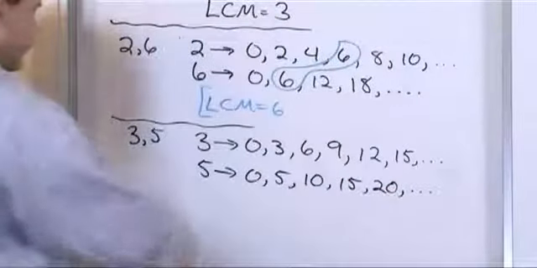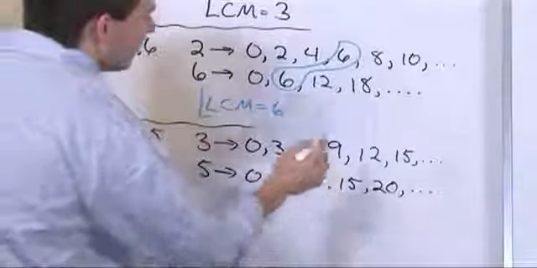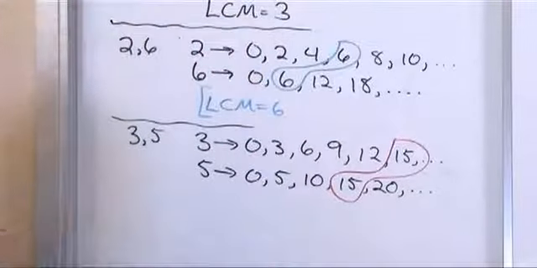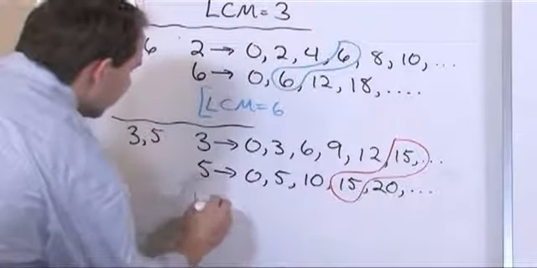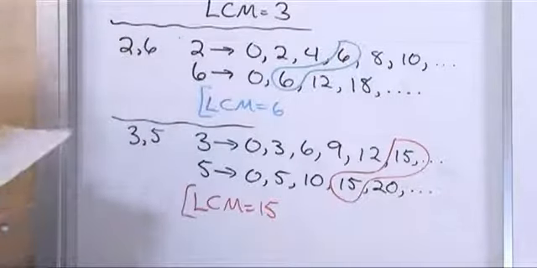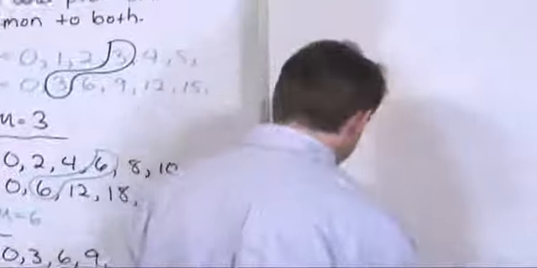And then you look and see what's the smallest number common to both. None of these early ones are common. The smallest one common is really 15. That's common to both lists. So the least common multiple is 15. And this is really, really handy later on when we start simplifying fractions and finding the common denominator.